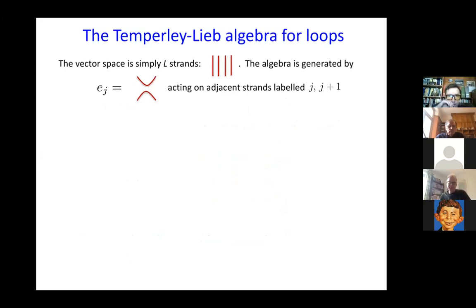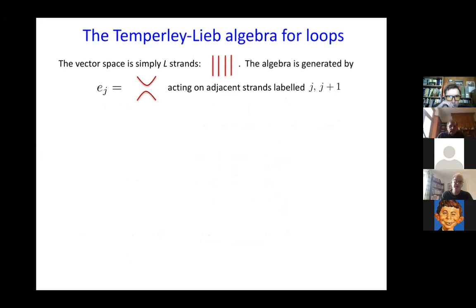So that's the model. Hold that in mind. We're still on the same model. And again, if you want to think of this algebraically, think of a transfer matrix if you like transfer matrices, or you can just think of this vector space. The vector space has L strands, and I make an algebra.